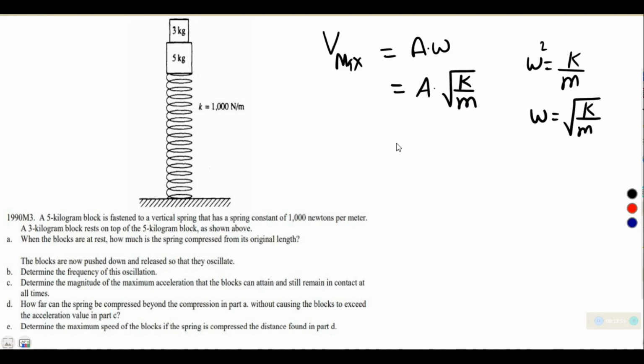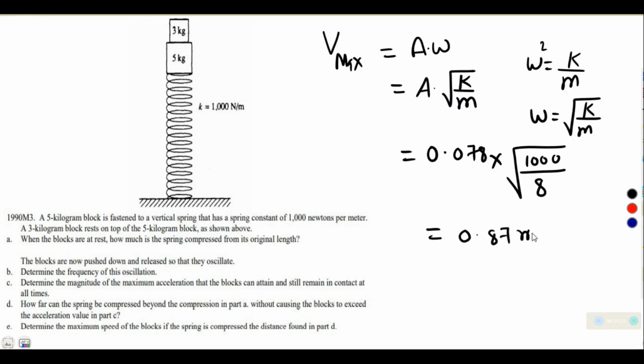Let us put all the values. A will be 0.078, k is 1000, and m will be 8. So the value of maximum speed will be 0.87 meter per second, right friends?